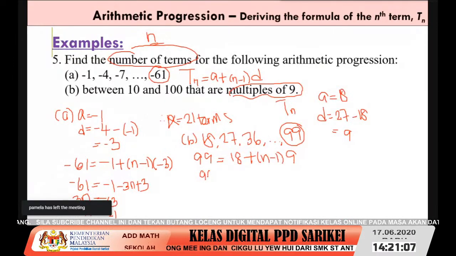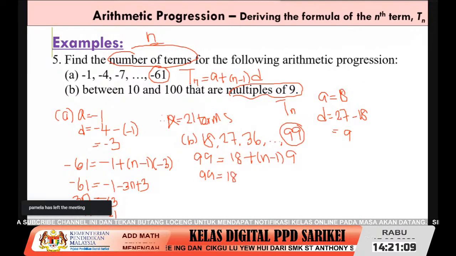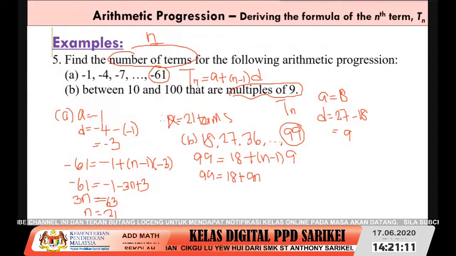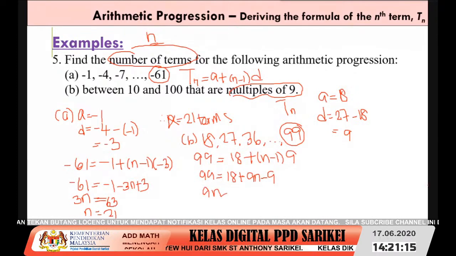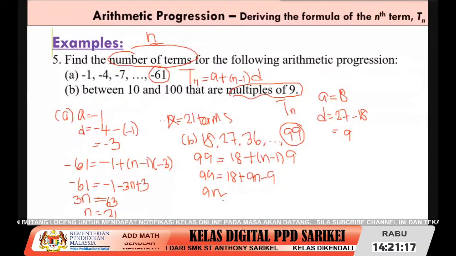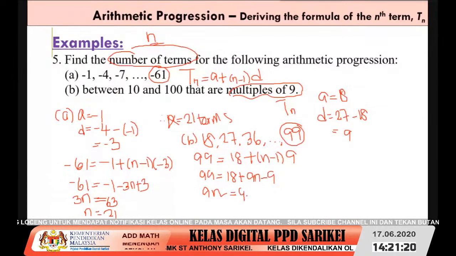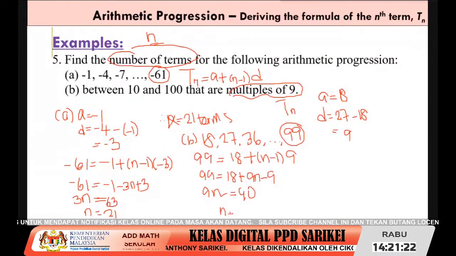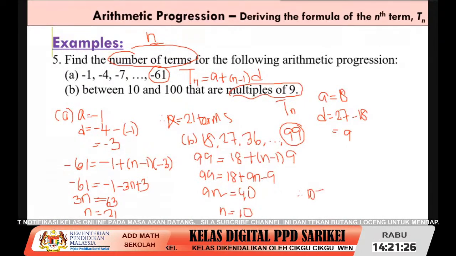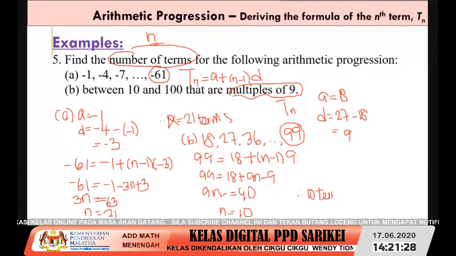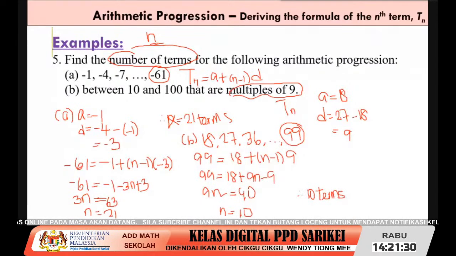So 99 equal to 18 plus 9n minus 9. So your 9n equal to 90. So your n equal to 10. So the final answer: the number of terms of the multiple of 9 between 10 and 100 is 10 terms.